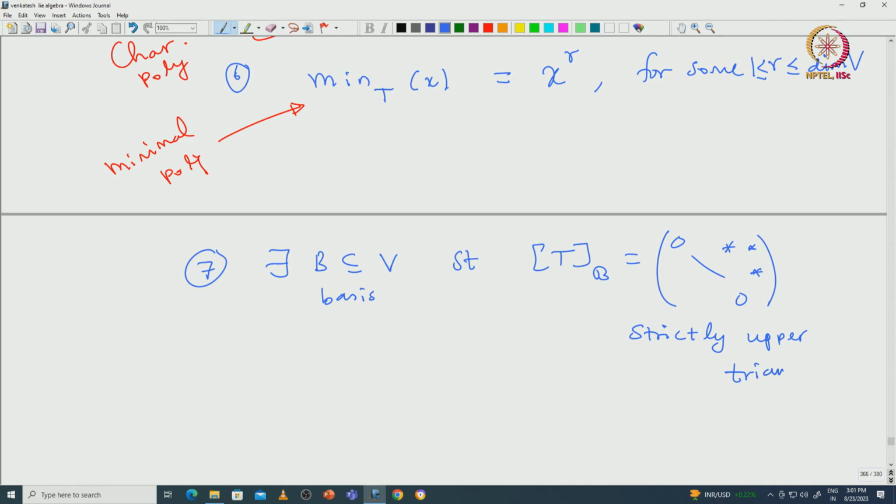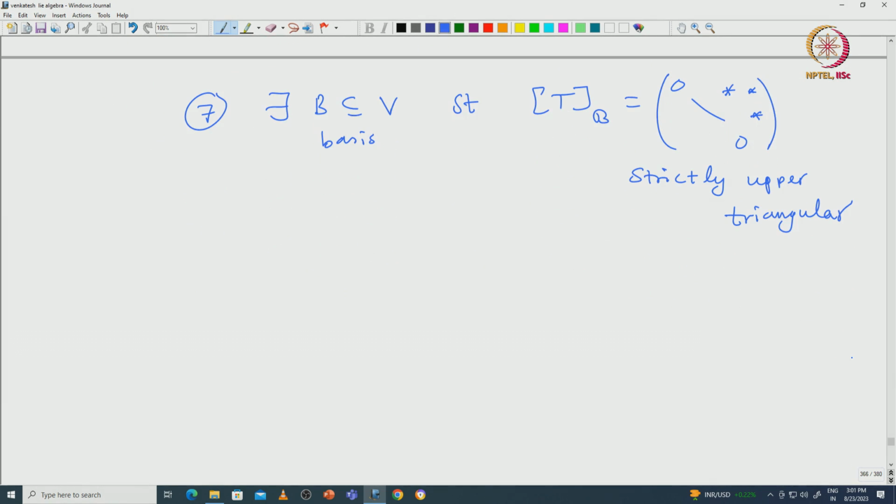So, now if we talk in terms of the Jordan-Chevalley decomposition, then you can see that the semi-simple part, or the diagonalizable part, of T must be 0.